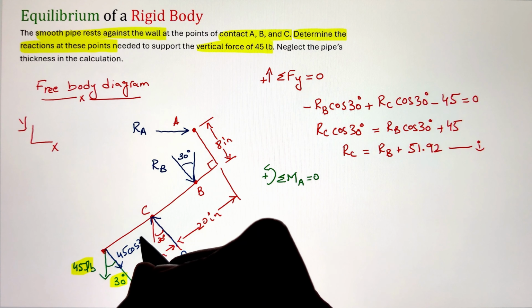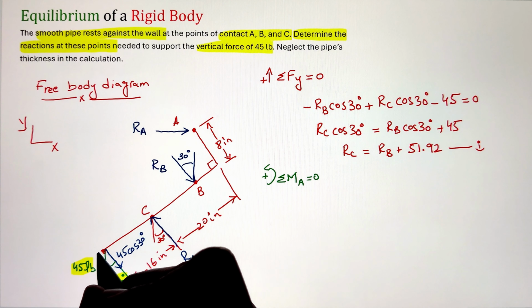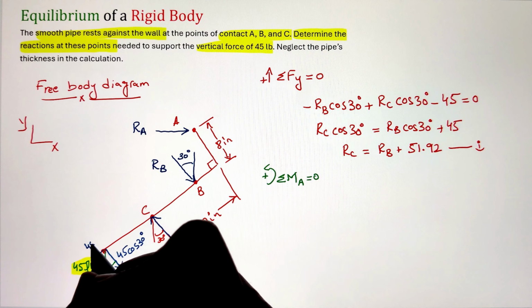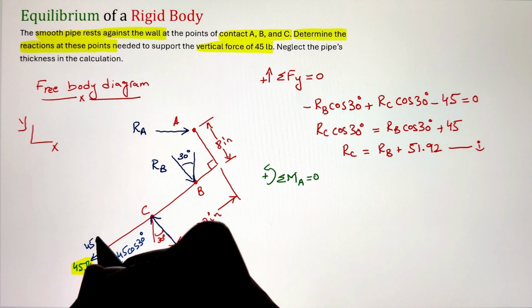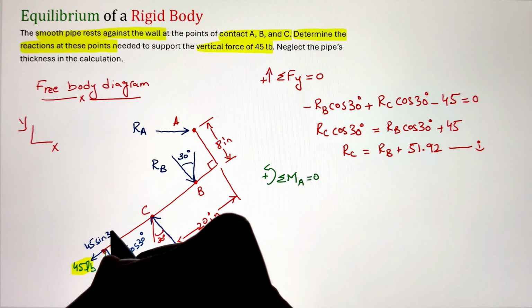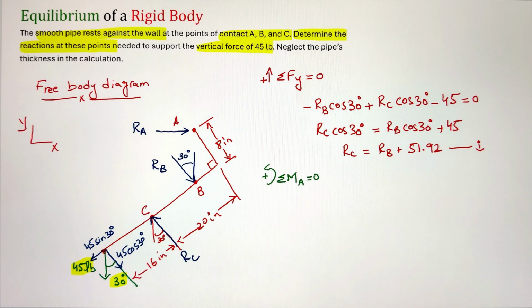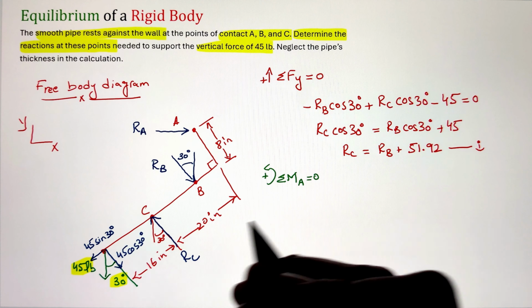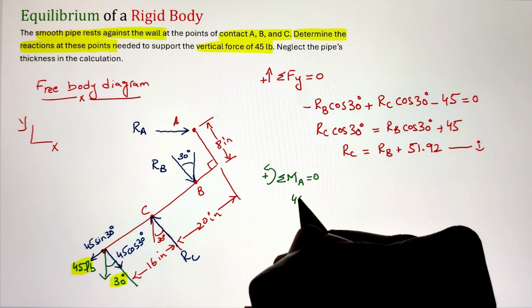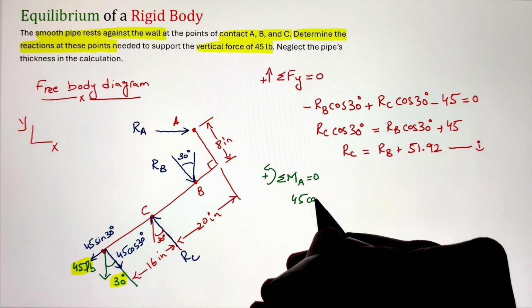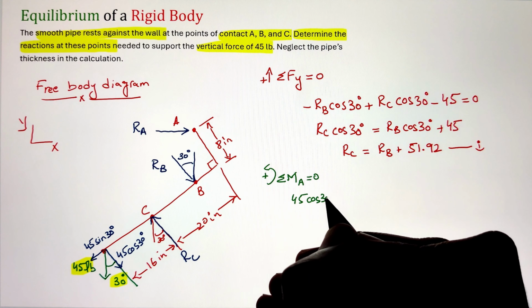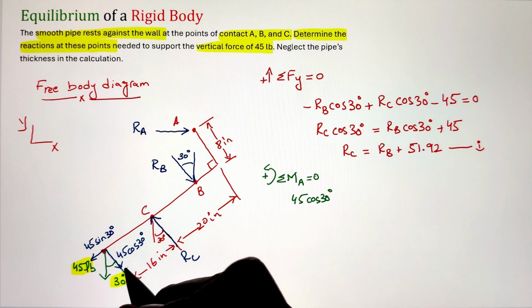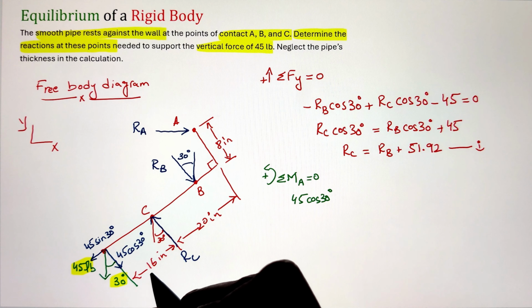So I can write summation of moment at point A equals 0, which will eliminate the variable Ra, since Ra won't have any moment at point A as it is passing through point A. To start, our external load of 45 pounds is acting vertically downward and making an angle of 30 degrees with the perpendicular axis of the lower half of the pipe.